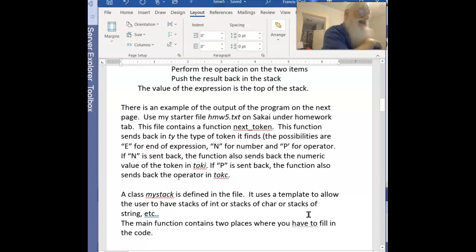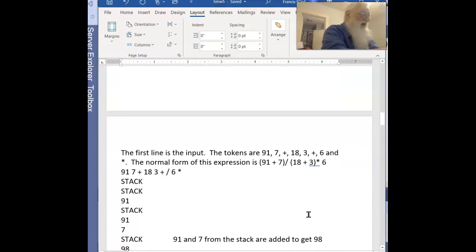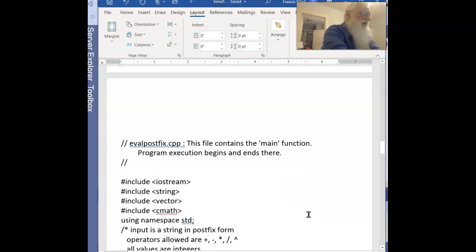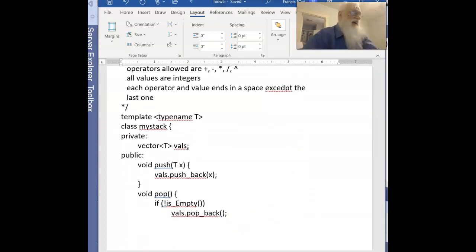I am defining a class MyStack, and it uses something you may never have seen before. I don't remember if I taught it in 103, and I wouldn't be surprised if others hadn't. I'll look at the program first. Here is the class. It's the same class I had in the other example, but it does not have int here or char.